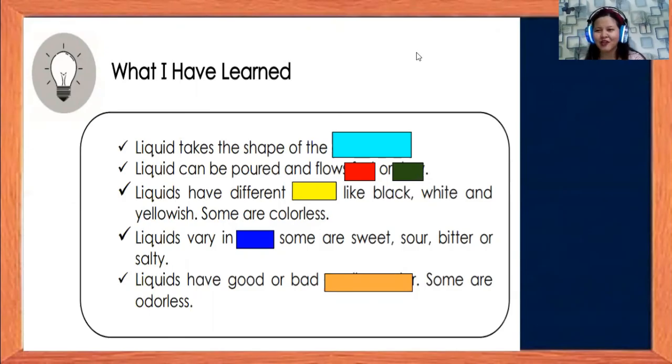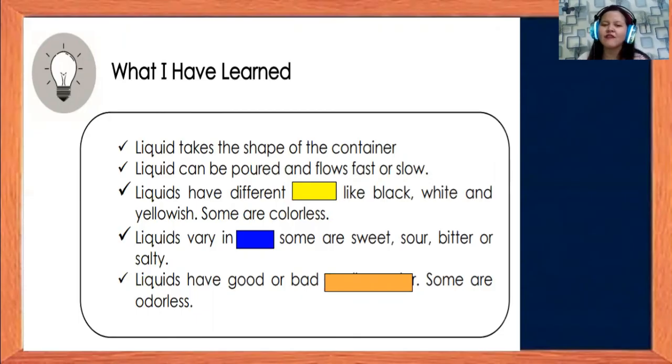So, let's see what you have learned for today. Liquid takes the shape of the blank. The correct answer is container. Liquid can be poured and flows blank or blank. It can flow blank or blank. The correct answer is fast or slow. Liquids have different blank, like black, white, and yellowish. Some are colorless.